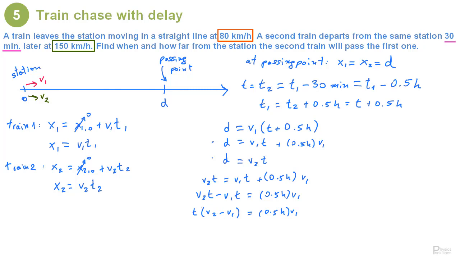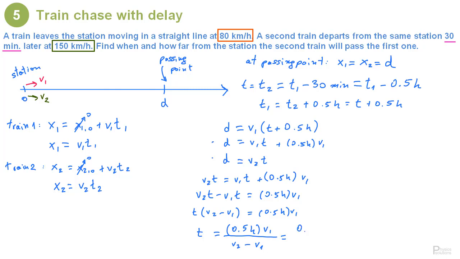And now we simply divide by this term in parentheses, so we find that t is half an hour times v1 divided by v2 minus v1. And now we can plug in the numbers.